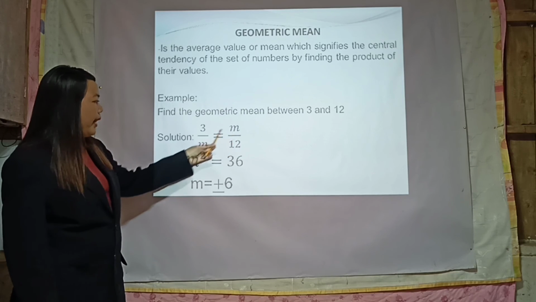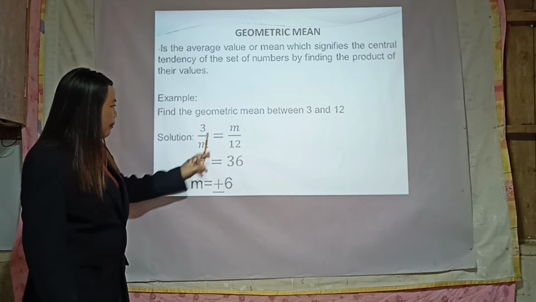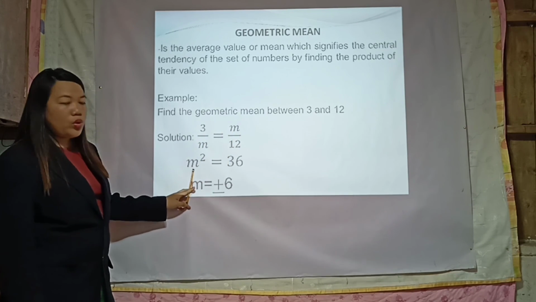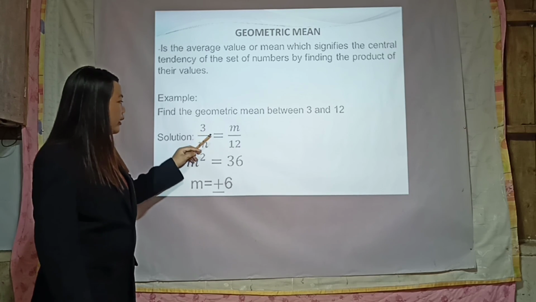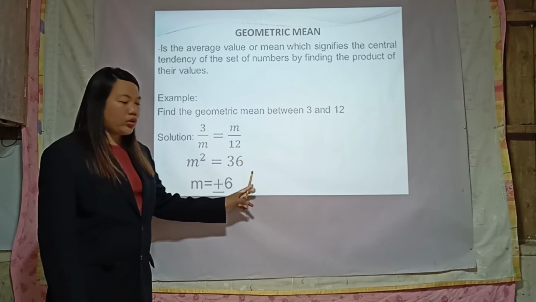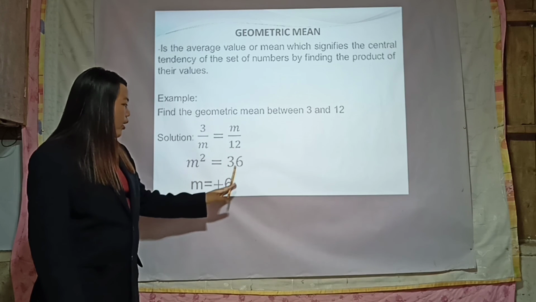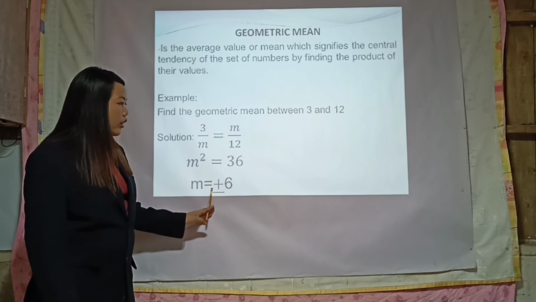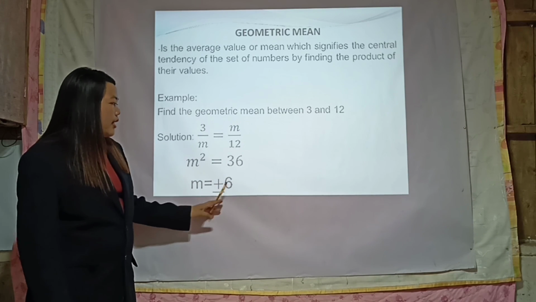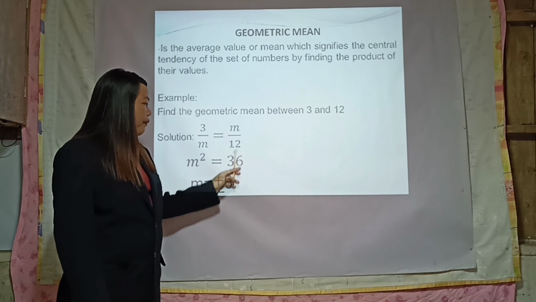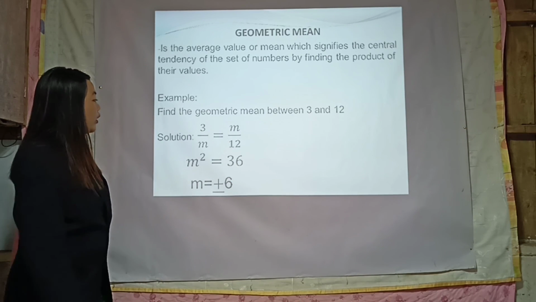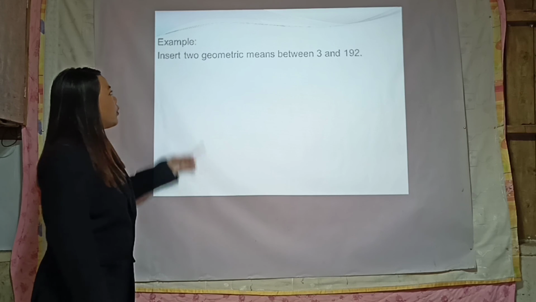So, just multiply. So, m times m is equal to m squared, then 3 times 12 is equal to 36. Then square root, it becomes m is equal to plus minus 6, which is the square root of 36 is equal to 6.